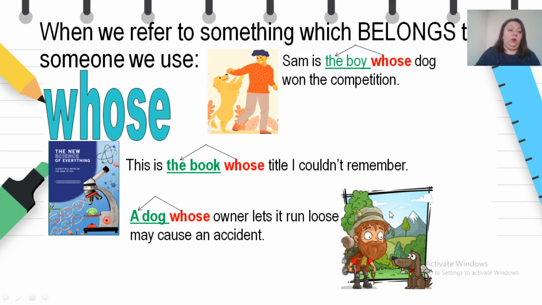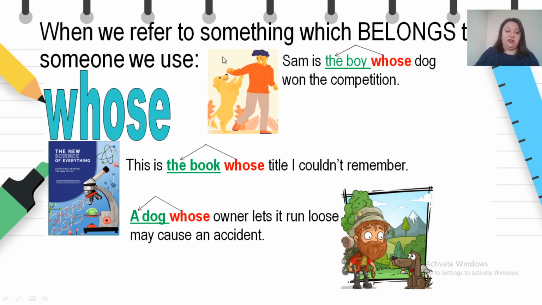Finally, we see a relative pronoun which refers to something which belongs to someone. Значи, единствената односна заменка која што ја објаснува именката што и претходи во однос на присвојност е односната заменка whose, чишто.